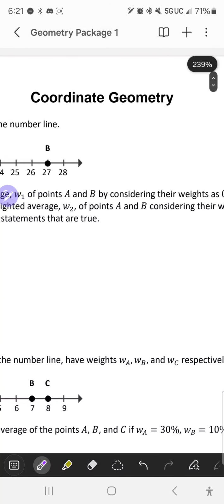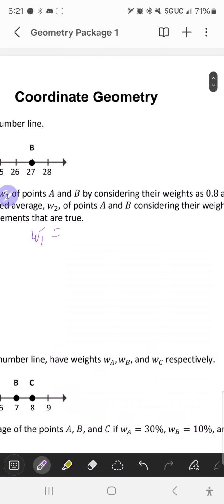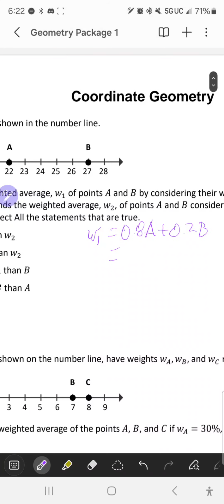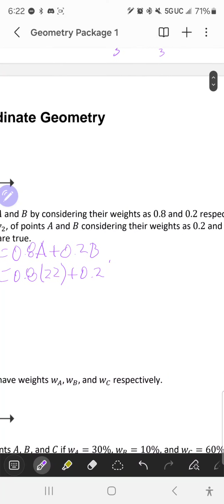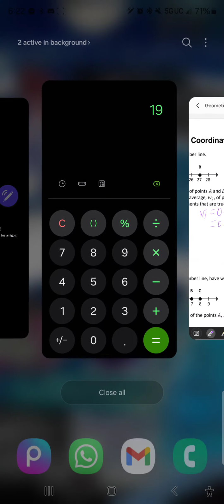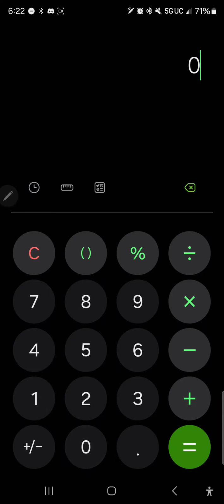For W1, we have that 0.8 A plus 0.2 B, which is going to be equal to 0.8 of 22 plus 0.2 of 27. We will go to our calculator, which in the test you're going to have one.